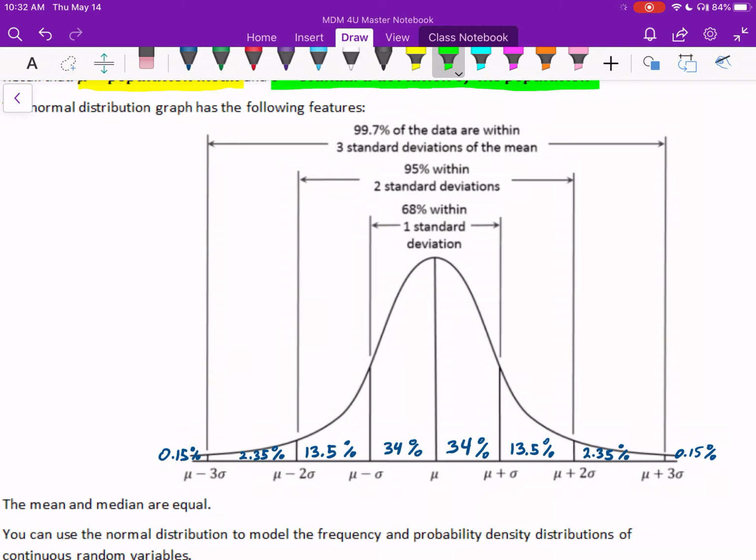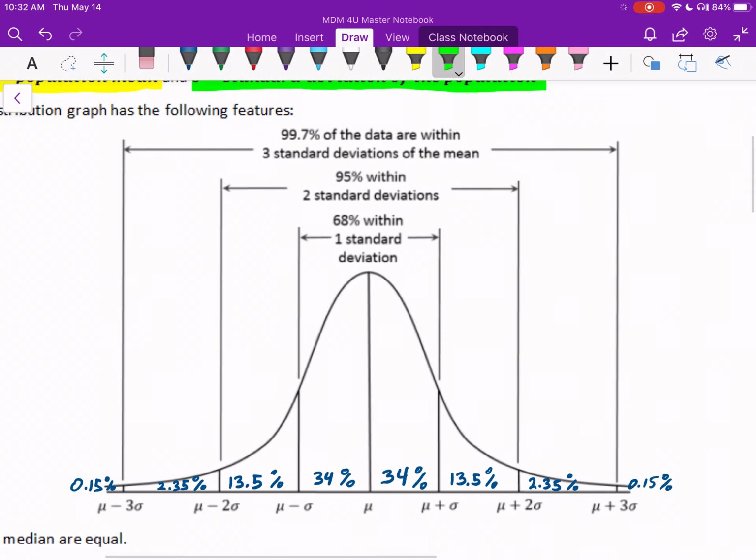We've also been dealing with a normal distribution up till now. It's the graph, so we've learned some things about the graph. We know that 68% of all data falls within one standard deviation of the mean. So again, the area under the curve corresponds to a percentage of the population.